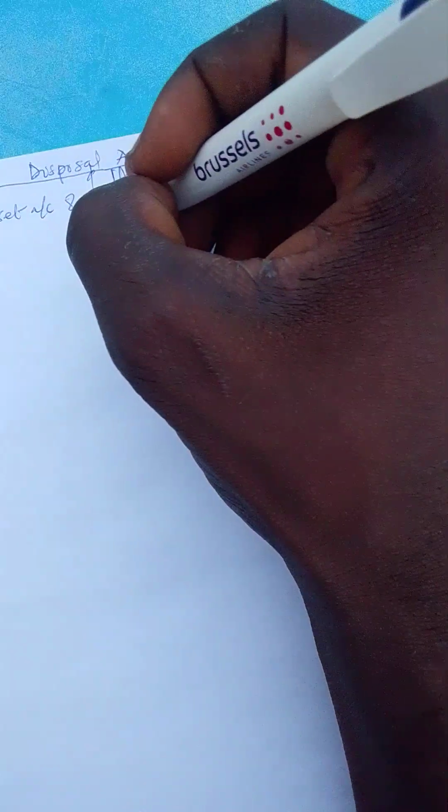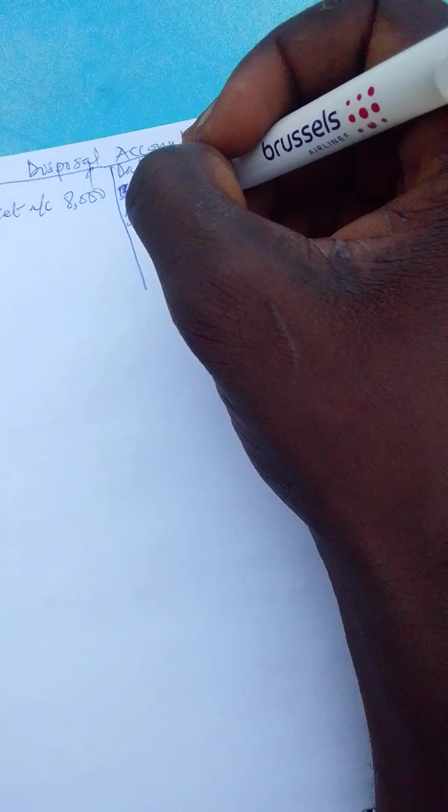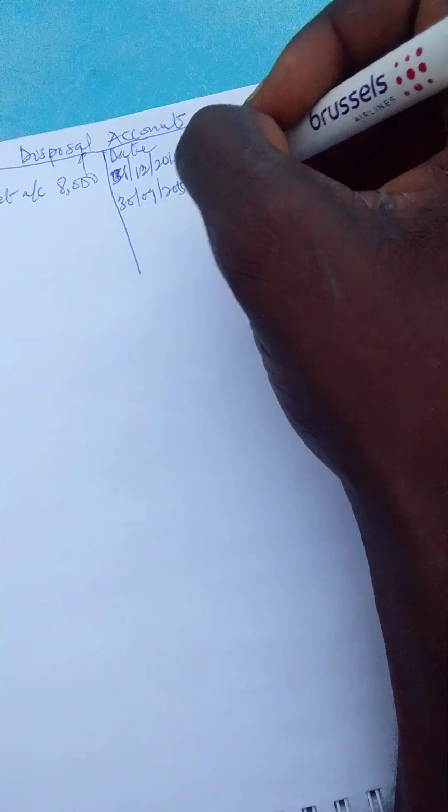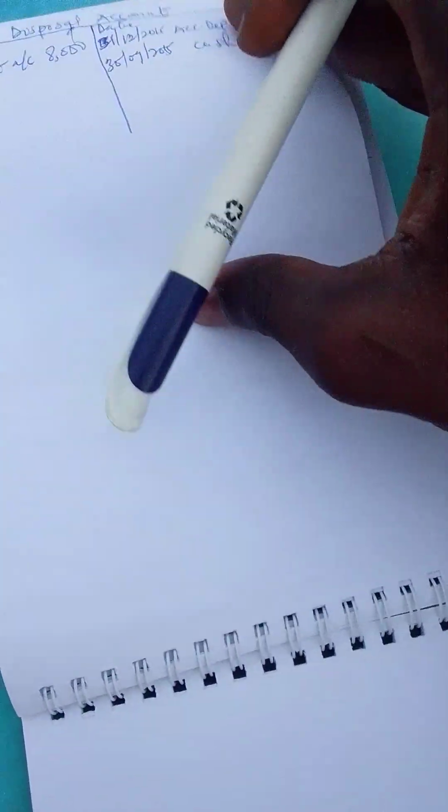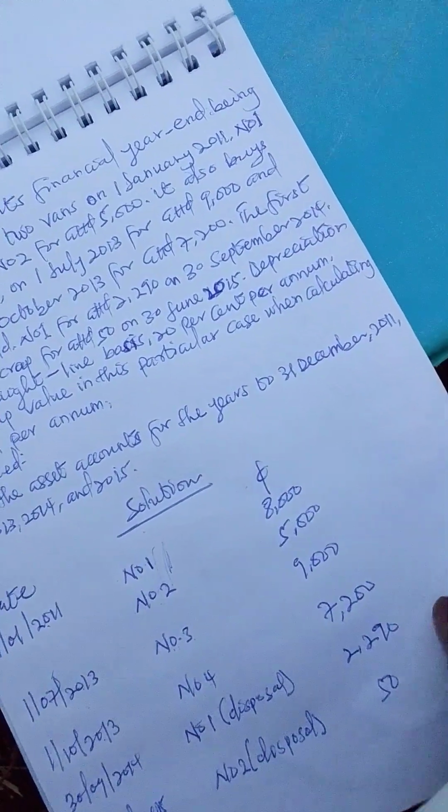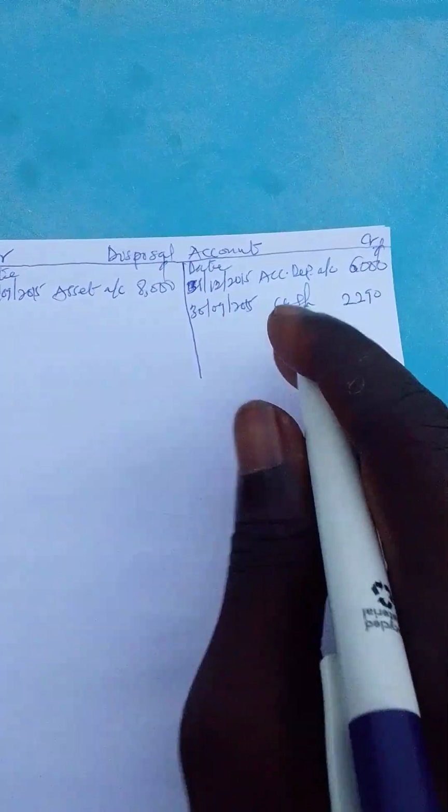And the asset was sold on 30th September 2015. Cash, which was 2,290.